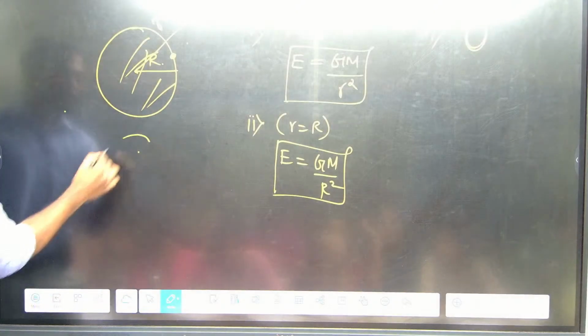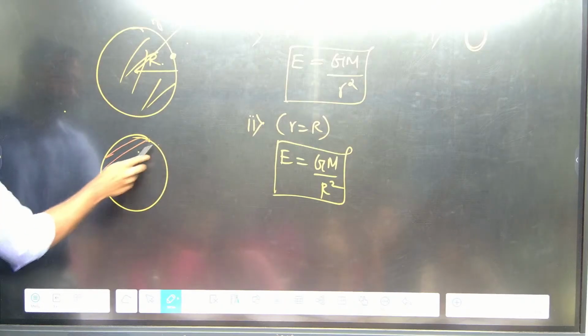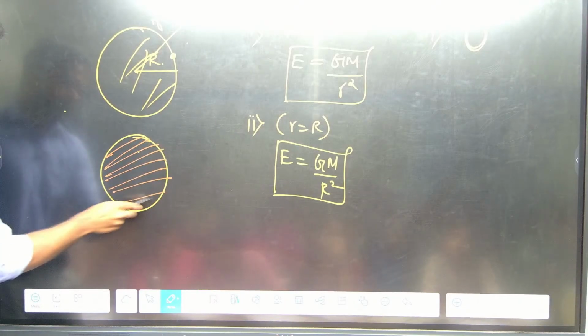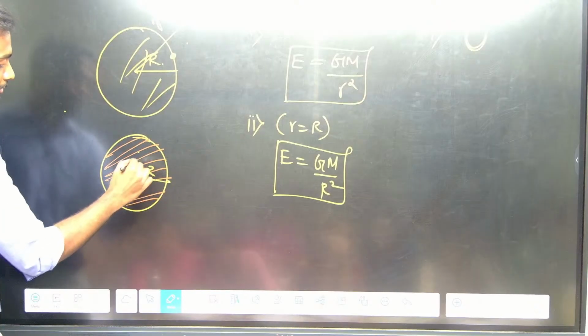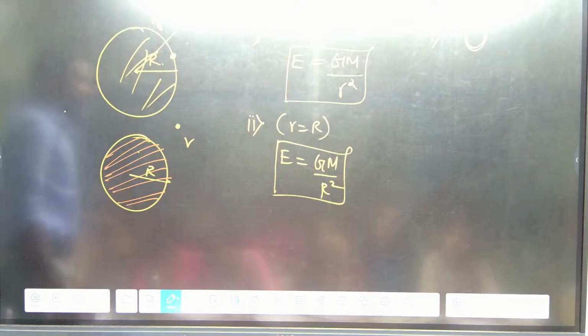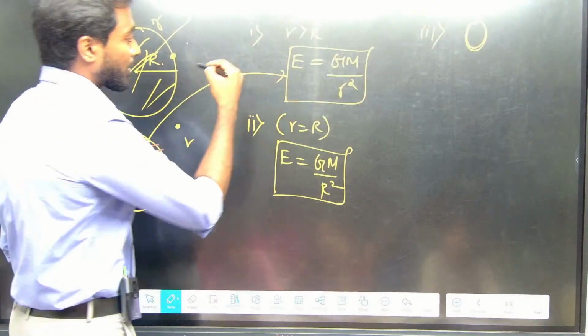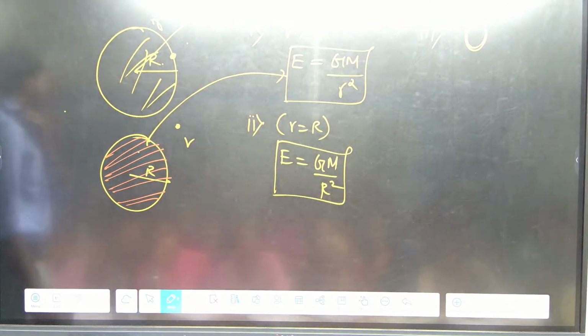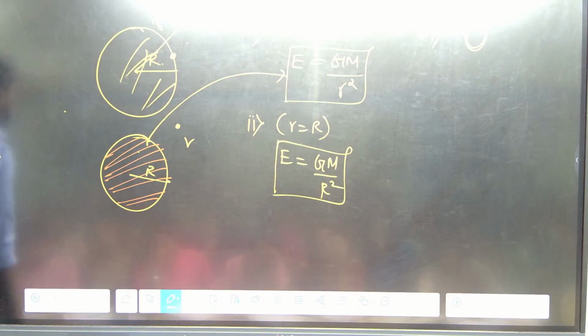So if I consider a solid sphere of radius R, and the point whichever I am considering is outside, at small r, the formula will be similar. E is equal to GM by r square.